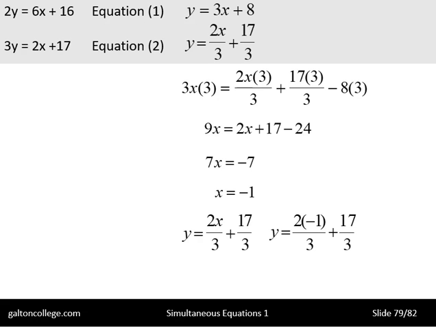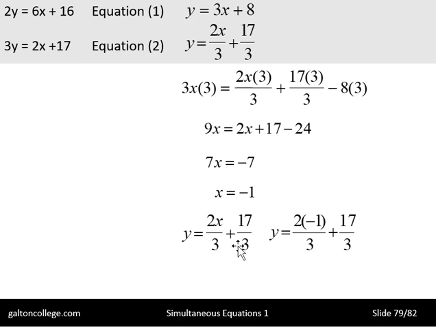So now we've got our x value, and we can write the y's here because we know what x is. We can take one of the y's, say this one: 3y equals 2x plus 17.